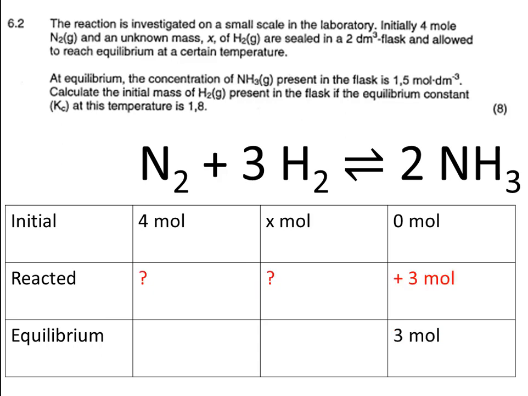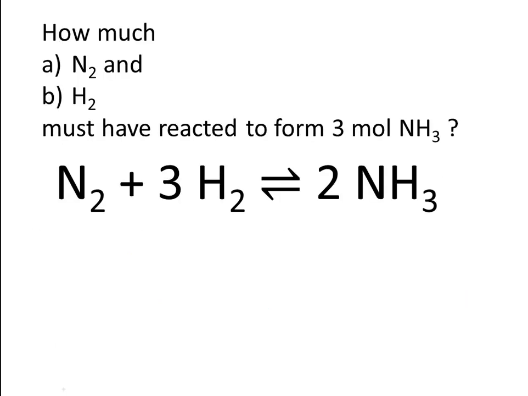So now our question becomes, well, how many moles of nitrogen were needed to form these 3 moles of ammonia? And how many moles of hydrogen were needed to react to form these 3 moles of ammonia? And so that's a sub-question that we make for ourselves. Now we know that the reaction ratio is 1 mole nitrogen for every 3 moles of hydrogen to produce every 2 moles of ammonia.